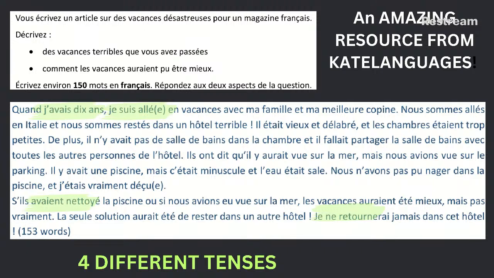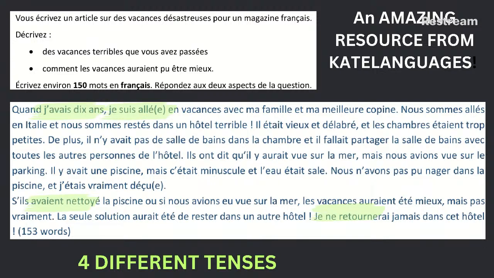Okay, so now just looking at the different key high-level grammar that the person has used in this answer. So let's see on Italy. They've used the grammar structure that we've just talked about with looking at the prepositions before places.